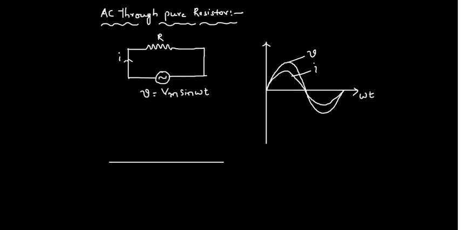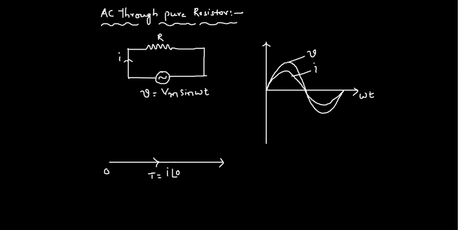We start from 0, and this is the current I bar, that is I at an angle 0, making an angle 0 with the voltage.